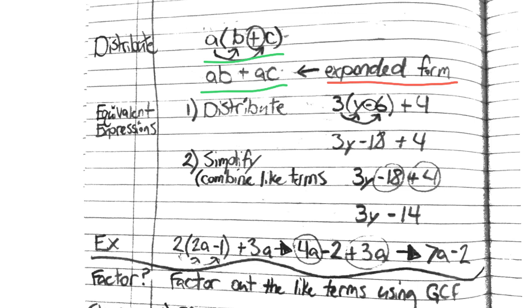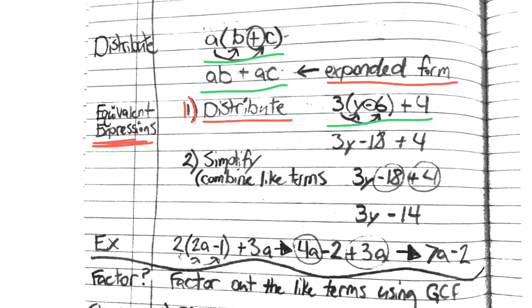So an example down here of our equivalent expressions is we start out by, our first step is to distribute. So this is what you guys have already been doing. It's not going to be anything new. For instance, if we had this expression over here, which says 3, and then in parentheses, y minus 6 plus 4 on the end, we are going to distribute the 3 to only everything in the parentheses.